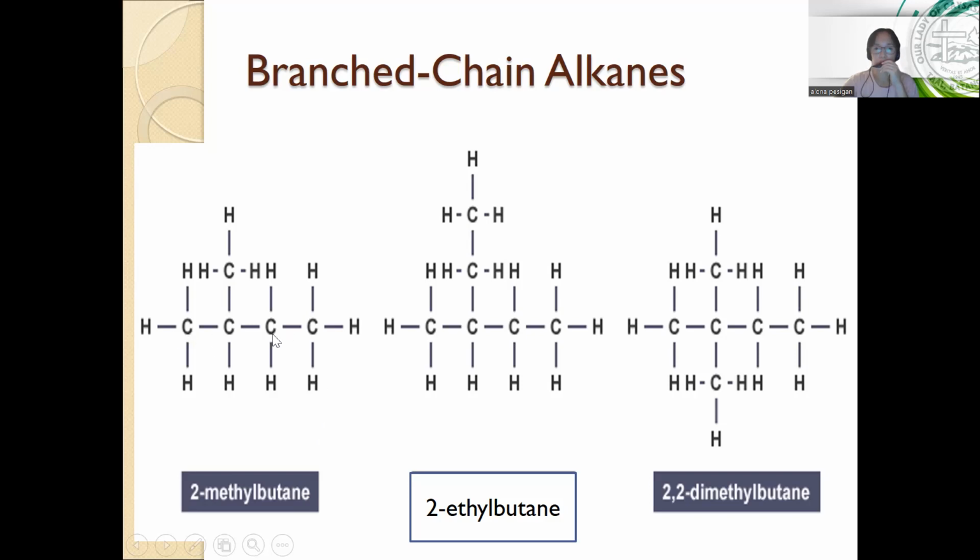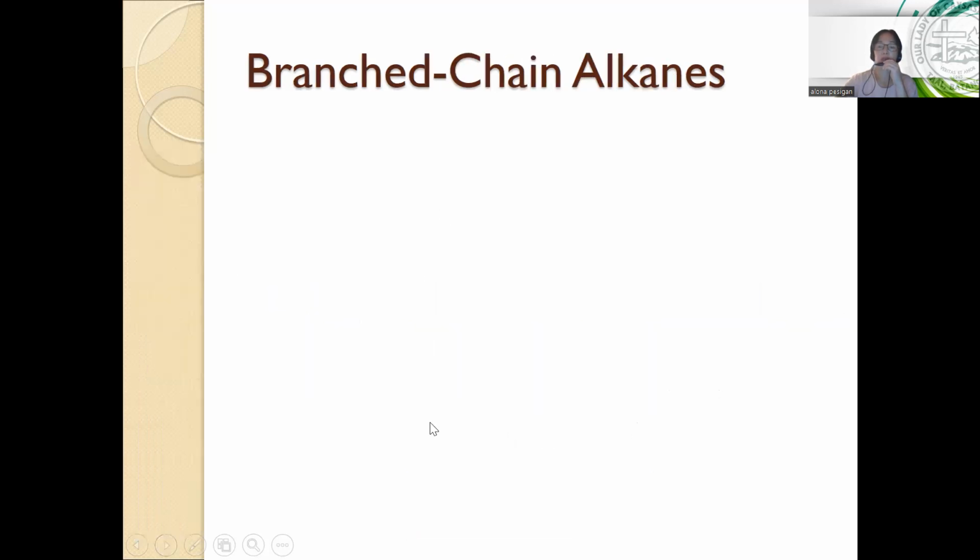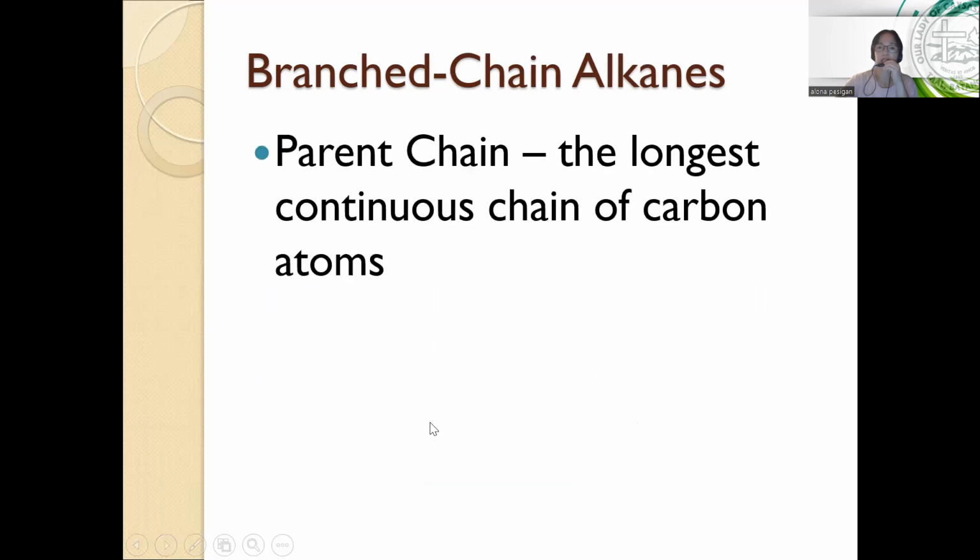You will see here that the longest carbon chain is 4, and this is actually butane, but because of the presence of the substituent, you can't name that as butane. So how are we going to name them systematically? For branched chain alkanes, we need to identify the parent chain and the substituent.